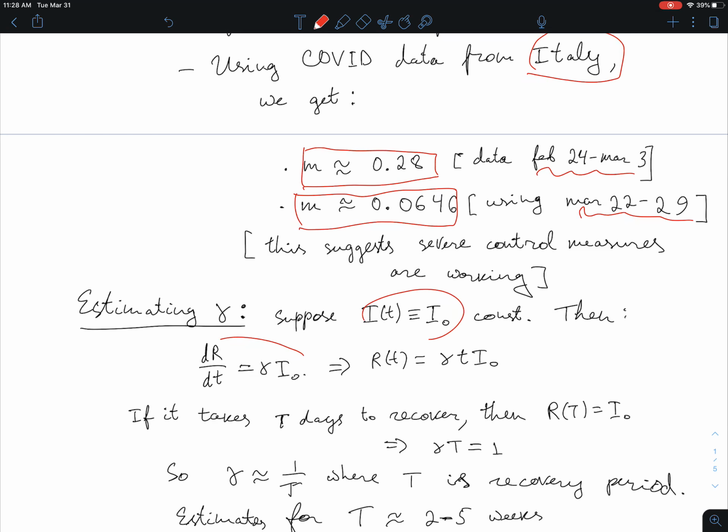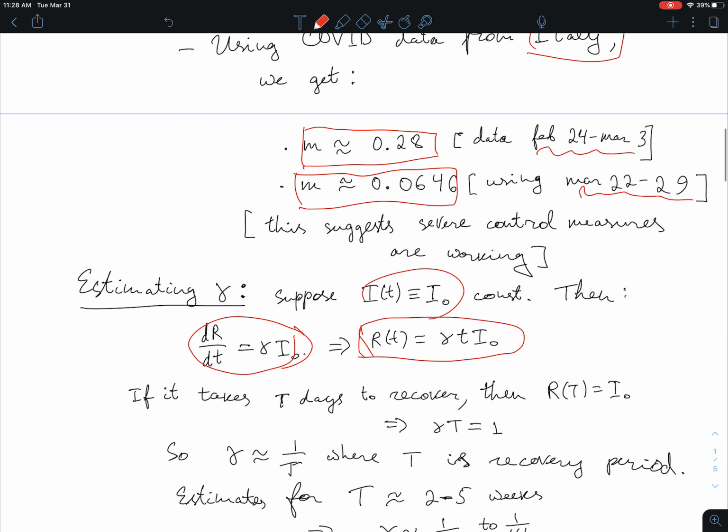If I was a constant, then the solution to this equation would just be this. So let's say you have some infected individuals, no more infection taking place, and then how do they recover? If initially nobody's recovered, so R at 0 is equal to 0, then you integrate this equation, you get R is equal to gamma t I0.